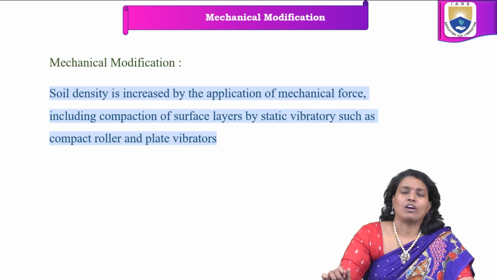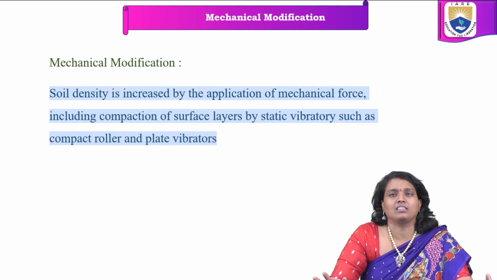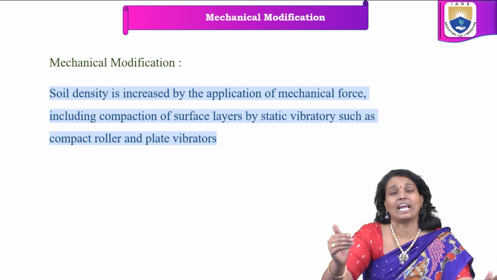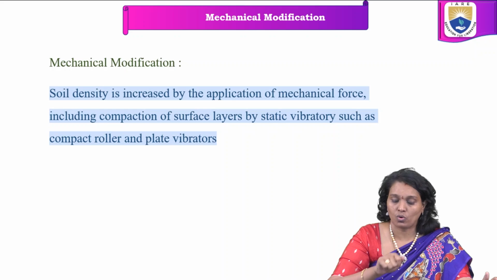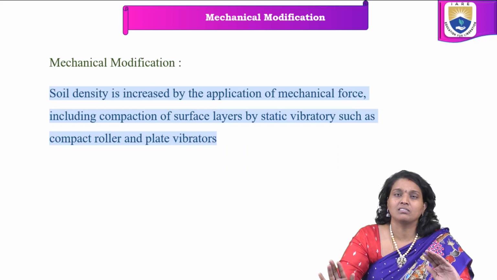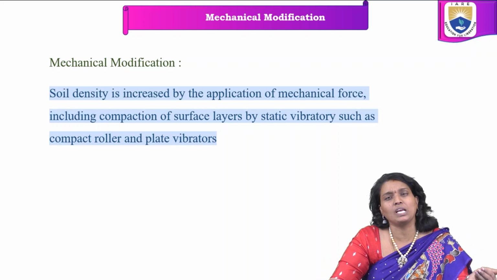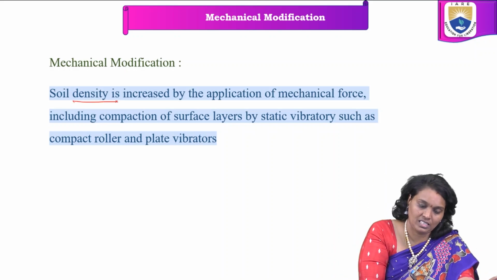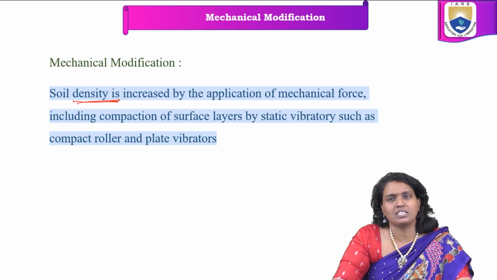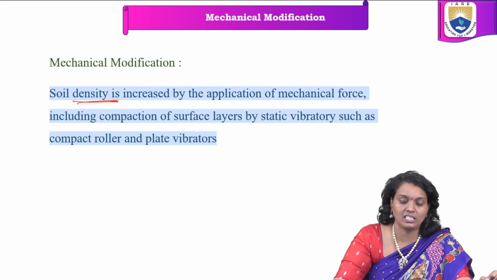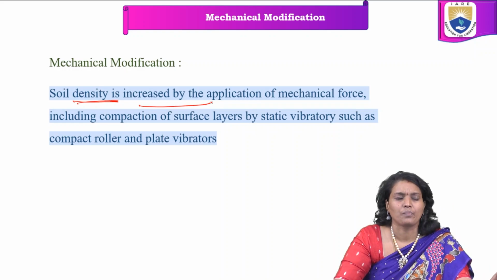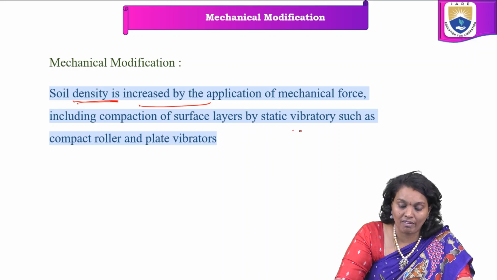In this mechanical modification, we use various kinds of vibrators and rollers for the mechanical modification of the soil. The density is going to increase by the application of mechanical force, including the compaction of surface layers by vibrators.